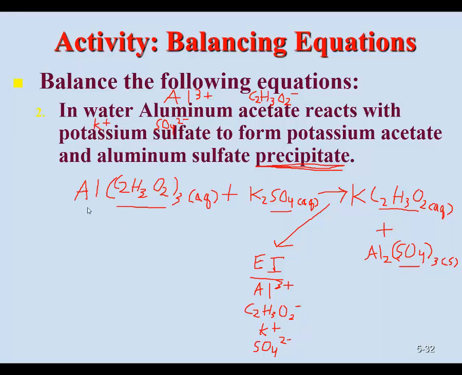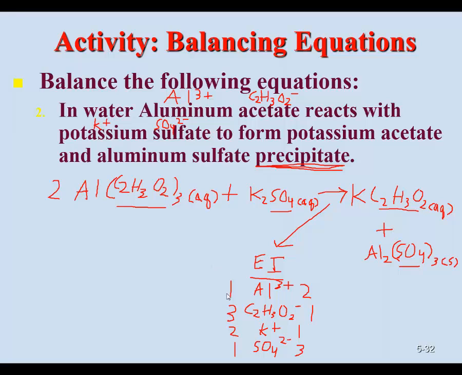So if I can keep track of everything, I started with 1 aluminum cation, I ended up with 2 aluminum cations. I started with 3 acetate ions, but I ended up with 1 acetate ion. I began with 2 potassium ions, but I ended up with just 1 potassium ion. And I began with 1 sulfate, and I ended up with 3 sulfates. So to balance this, let's try balance for aluminum first, working from left to right. To balance for aluminum, I'm going to change my coefficient to a 2.